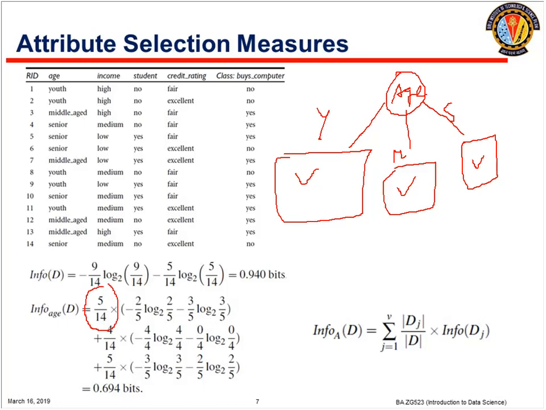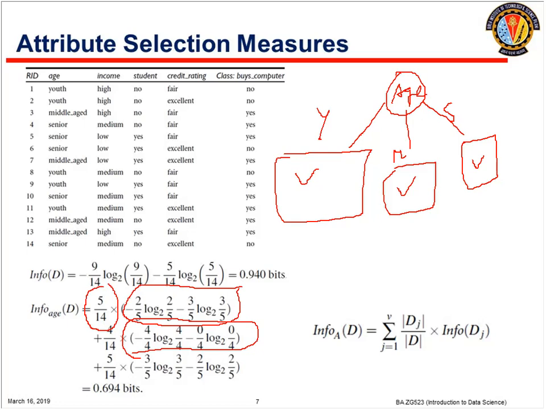When it was middle aged, all of them were yes, so obviously you got 0 here. There are 4 middle aged, so 4 by 14 is the probability multiplied by the entropy, so that becomes 0. So for middle age it is 0.